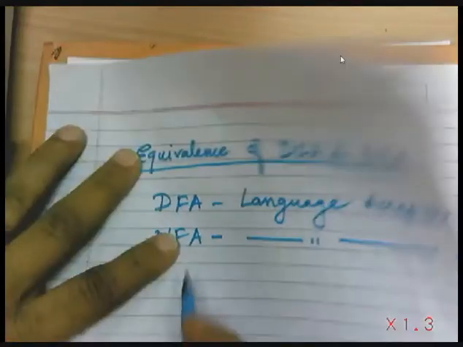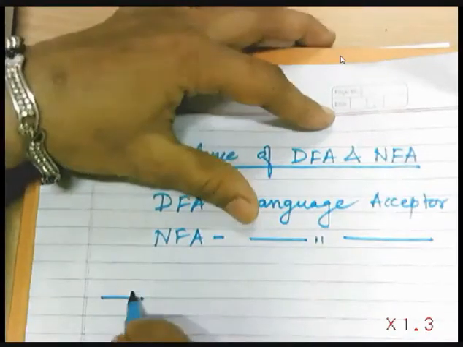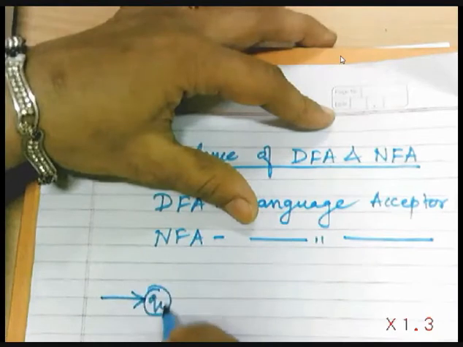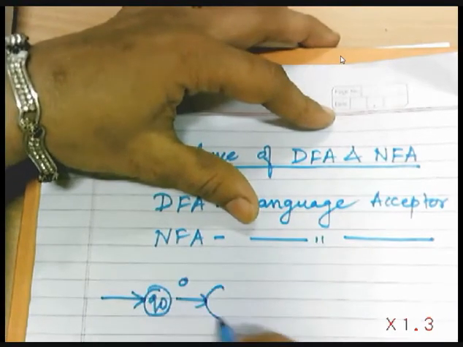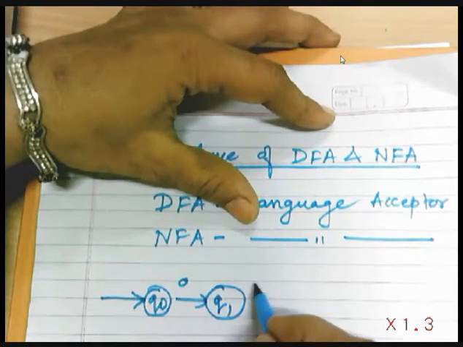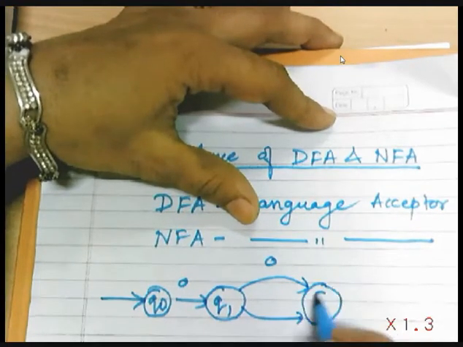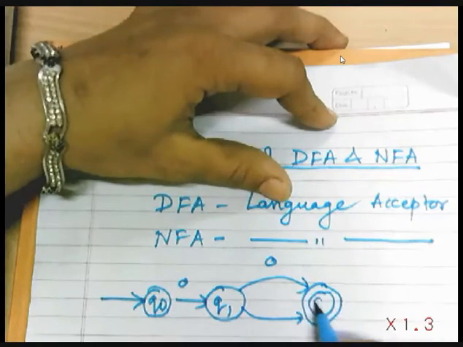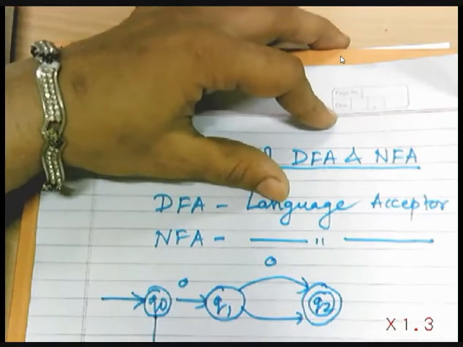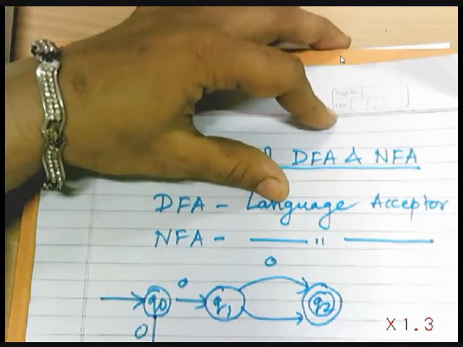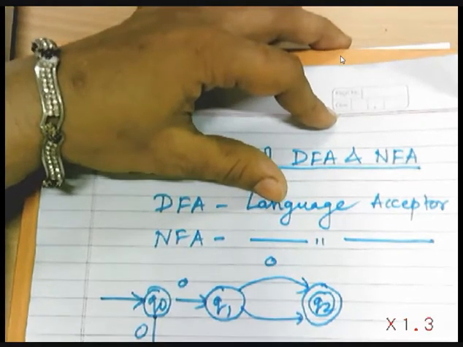For example, our NFA is: Q0, with 0 to Q1, then with 0 from Q1 reaching Q2. And there is one more transition here, to Q2, like this.